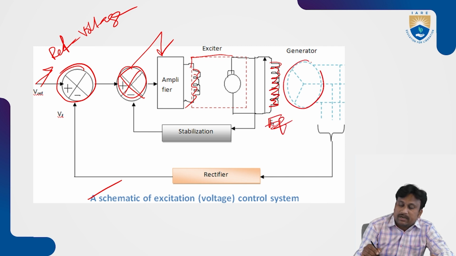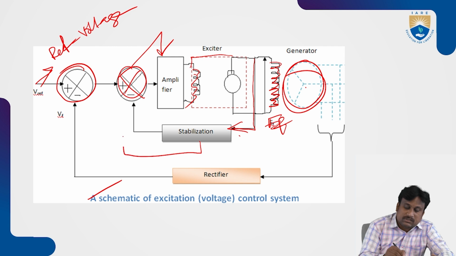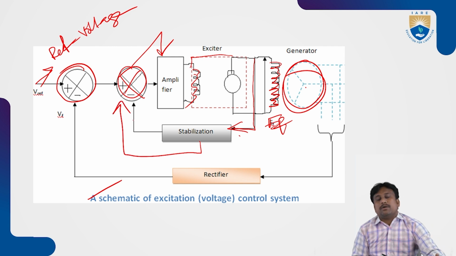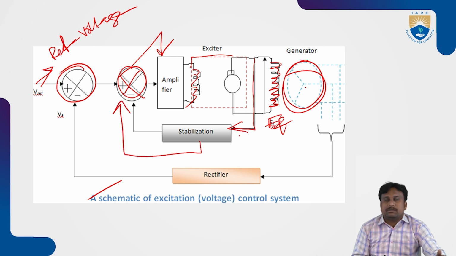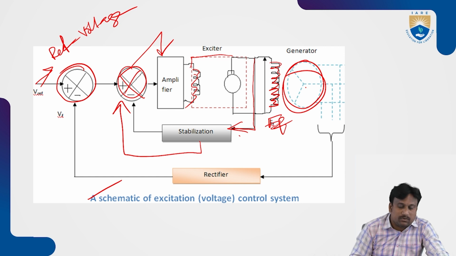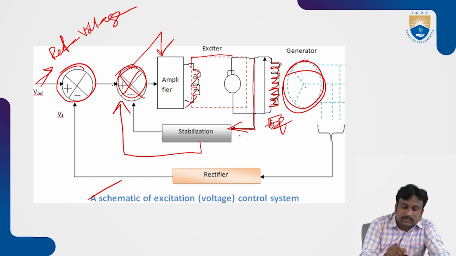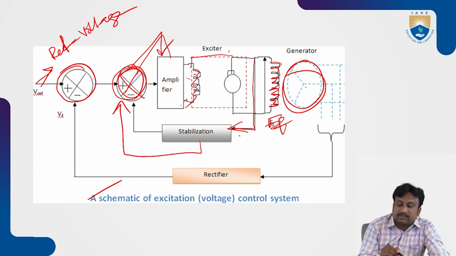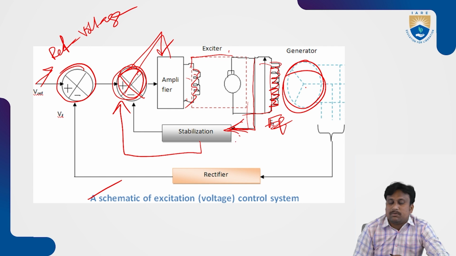Here is our generator connected, and this block of the machine is going to be stabilized. This stabilization process is connected to the control action. That means whenever the reference signal is generated from the reference voltage source, the amplified path is connected to the exciter system, and this will actuate the stabilization process.